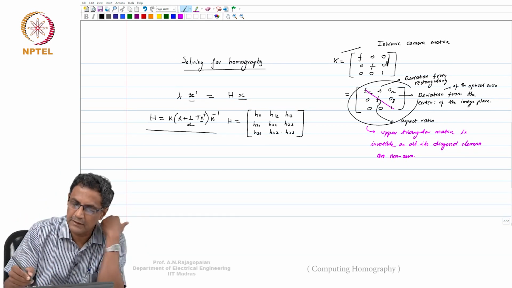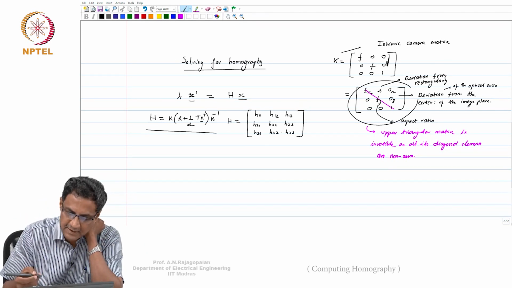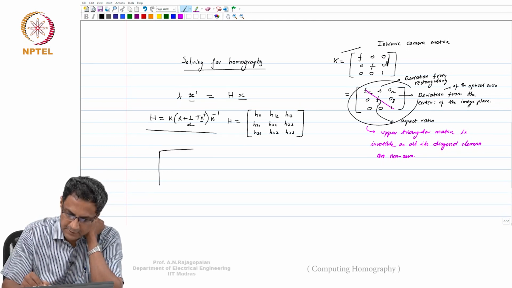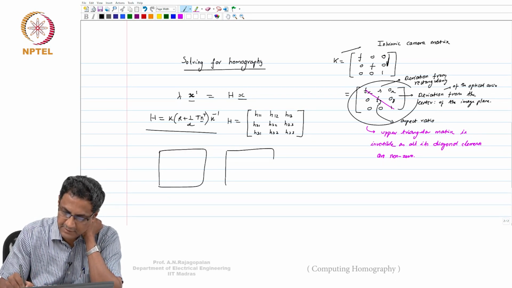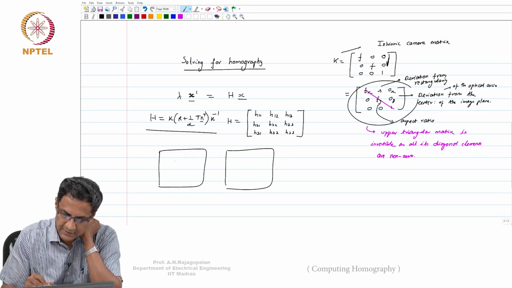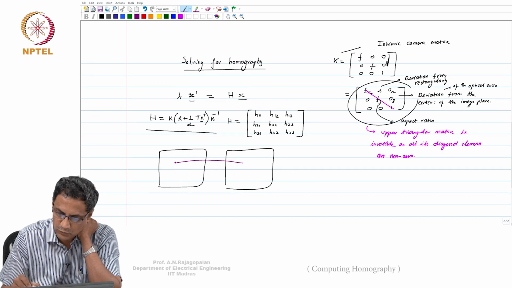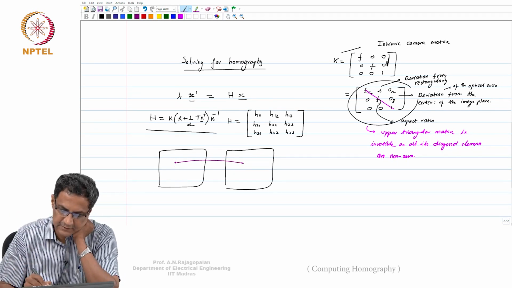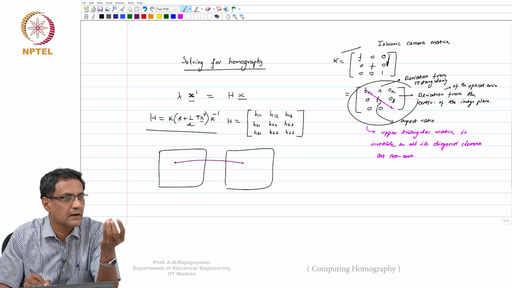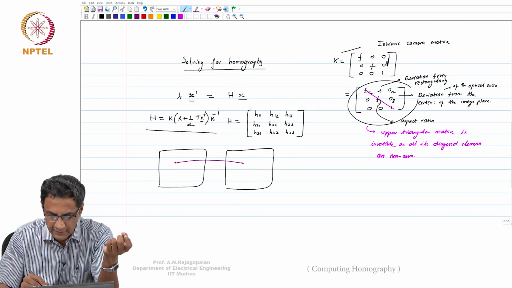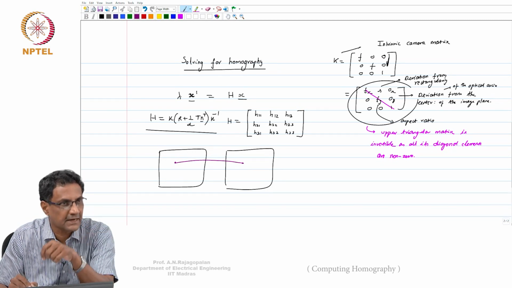In order to see that, let's start writing. Let us say that I have an image, and then I have a source, and then I have a target. Suppose somebody says that there is one point here that matches and goes here. Matches in the sense that I know, imagine that this is a corner of a table or something, and I can identify that corner in the second image.